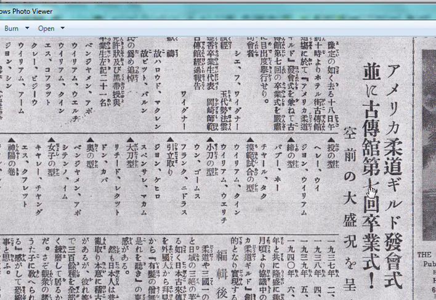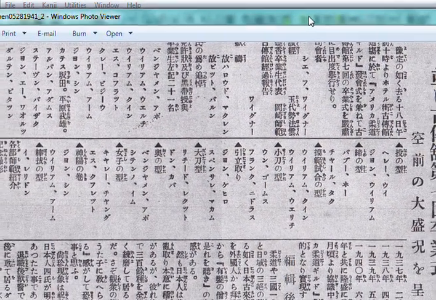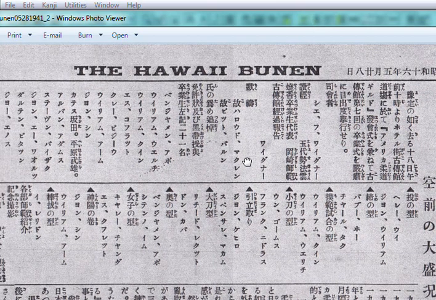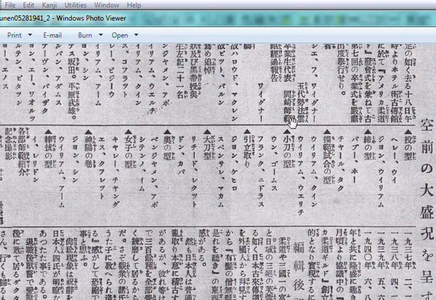So 1941, you can do the math and find when the Koden Kan in Honolulu was founded. So this demonstration was put on, and a lot of the arts were demonstrated, and right here in this section shows the arts that were actually demonstrated.